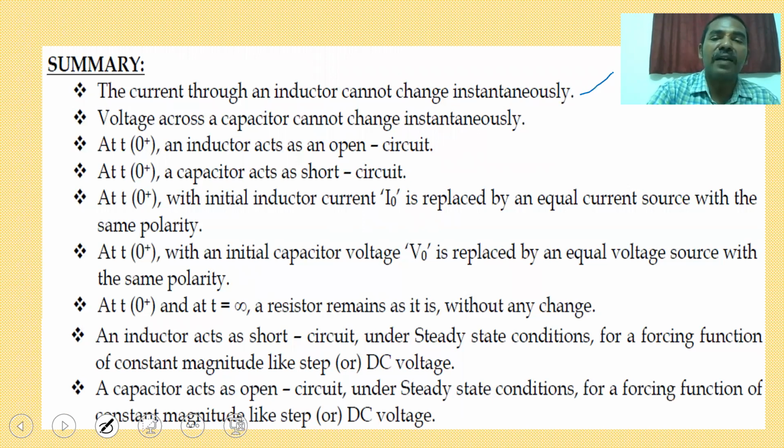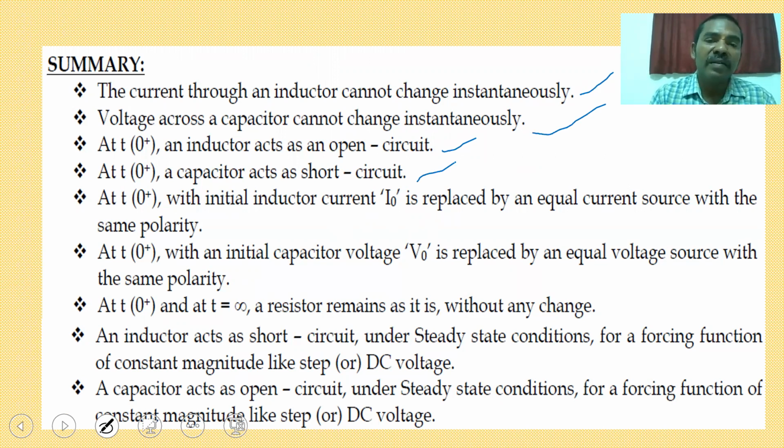The capacitor never takes instantaneous voltages, which means the voltage drop across the capacitor is 0. So initially it acts like a short circuit. So at t is equal to 0 plus the inductor is open circuited. At t is equal to 0 plus the capacitor is short circuited. This is related to your first and second points only.